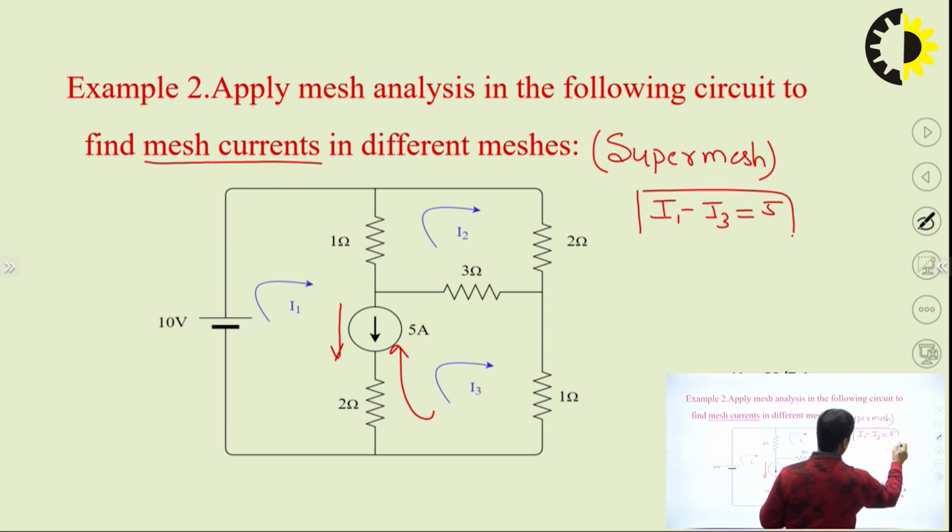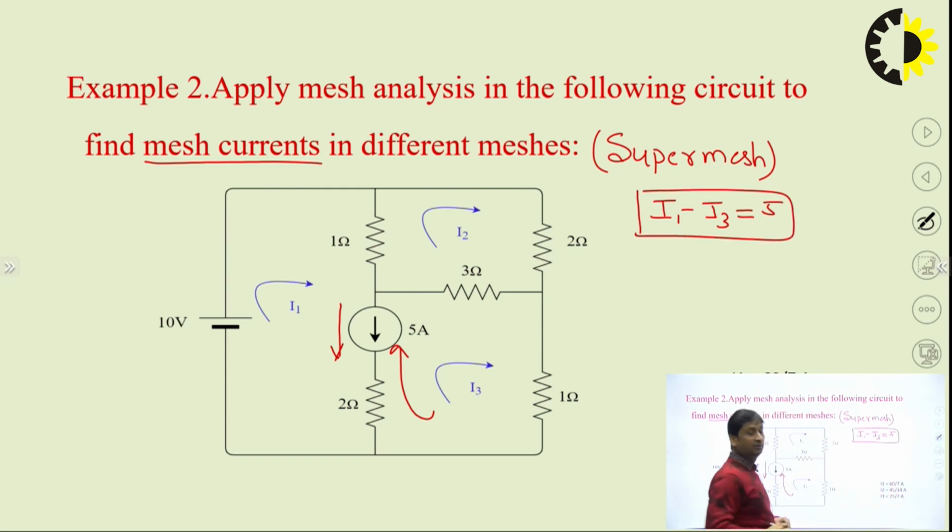This is my first equation that I can assume, because this is a current source and the value of the source is 5 ampere, so I1 minus I3 is equal to 5 ampere. Okay, now let us apply Kirchhoff's voltage law in the second loop. In the second loop, suppose the current is going like this.